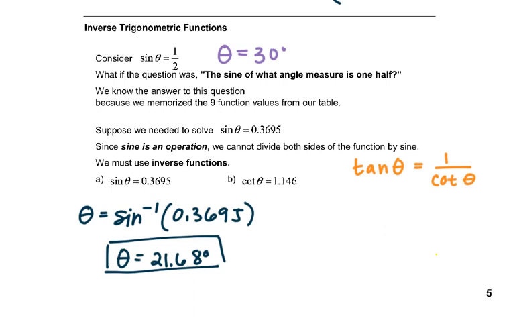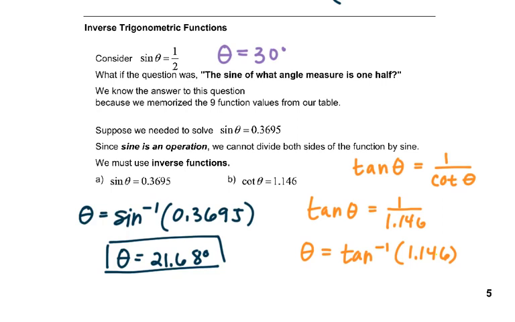That's a reciprocal identity. We know what cotangent theta is, so this gives us tangent theta is 1 over the value 1.146, right? Cotangent theta is equal to that value. So now we can say theta is tangent inverse of 1.146. The output that my calculator gives me is that theta is 41.11 degrees.